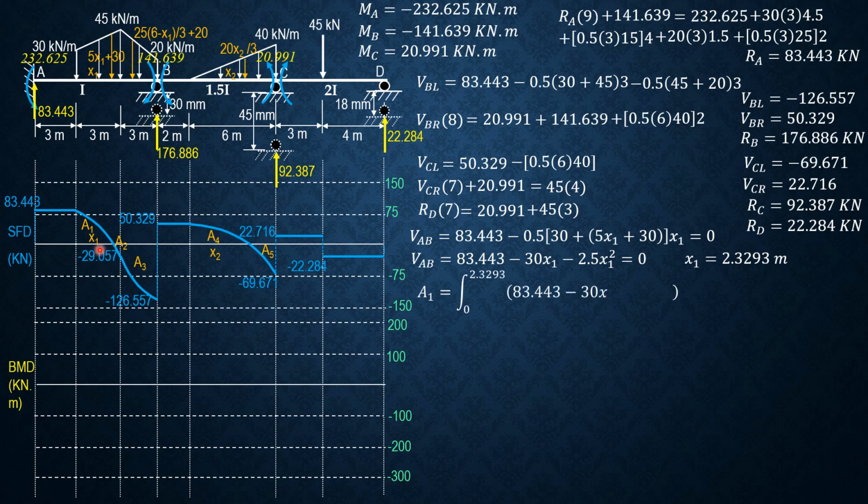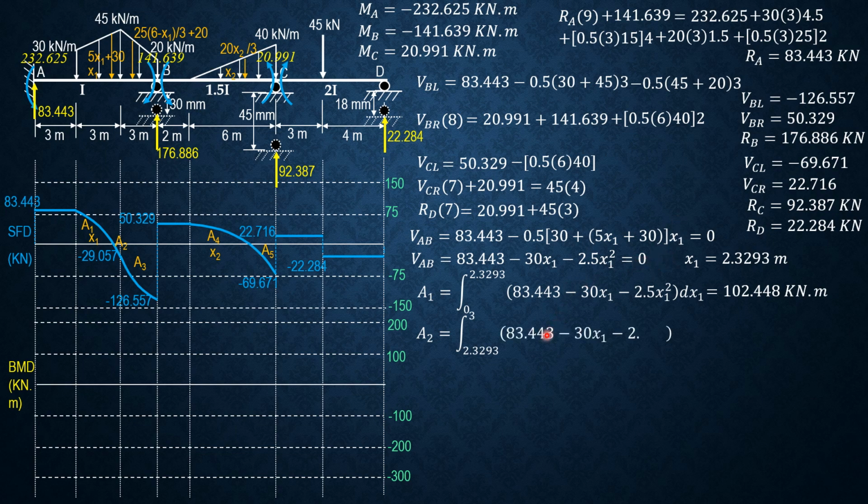So therefore, shear in AB, beginning here, is equal to 83.443 minus area of trapezoid, 0.5 of quantity 30 plus 5x1 over 30 times x1. So that's the shear equation, 83.443 for AB minus 0.5 of quantity 30 plus 5x1 over 30, then close times x sub 1.